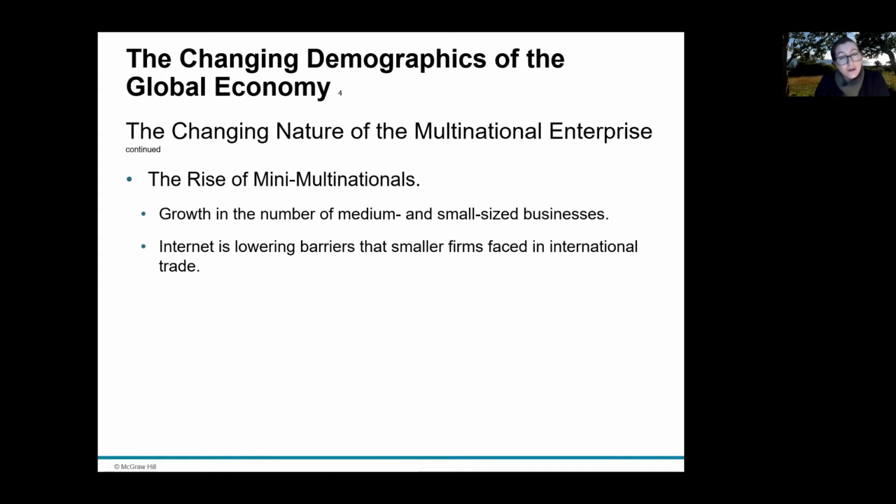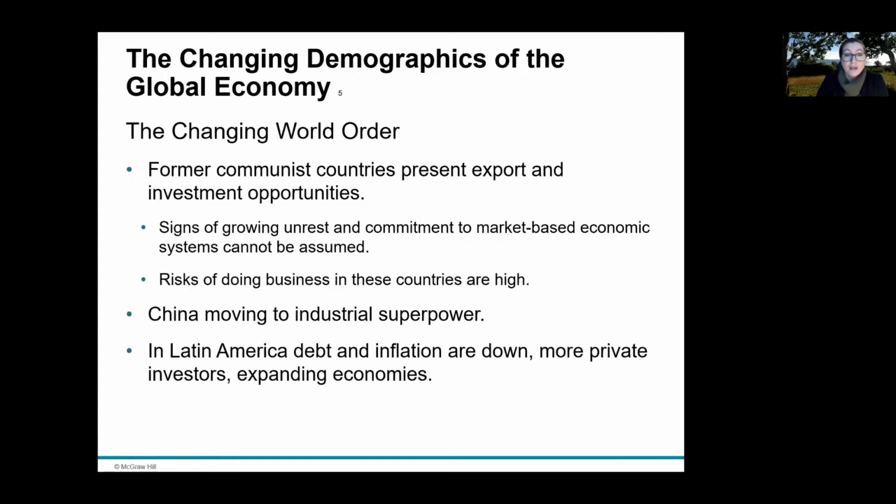So part of this story is the rise of mini multinationals. We're talking about small and medium-sized businesses that are extending their reach internationally, and part of how they're achieving that is through the internet. The internet is a deregulated space that they are taking well advantage of. So we have this changing world order. Not only is the economic powerhouse of the US reducing, but former communist countries, for example, present export and investment opportunities.